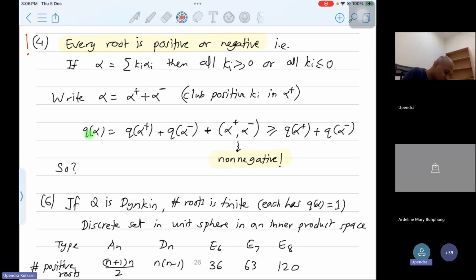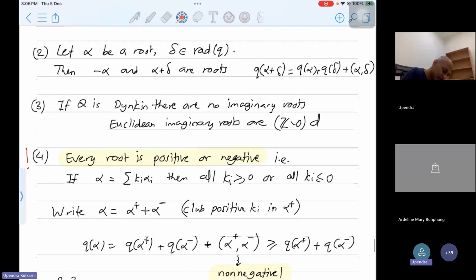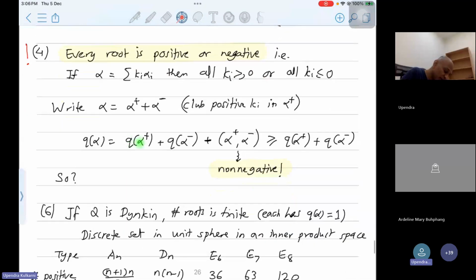All right. So what happens now? Let's just calculate Q of alpha. It's the same additive formula as before. So this says Q of alpha plus Q of alpha minus, and then this form evaluated on alpha plus and alpha minus. Now I claim that this quantity over here is non-negative. Just think about what is going on. Look at the formula for the bilinear form.